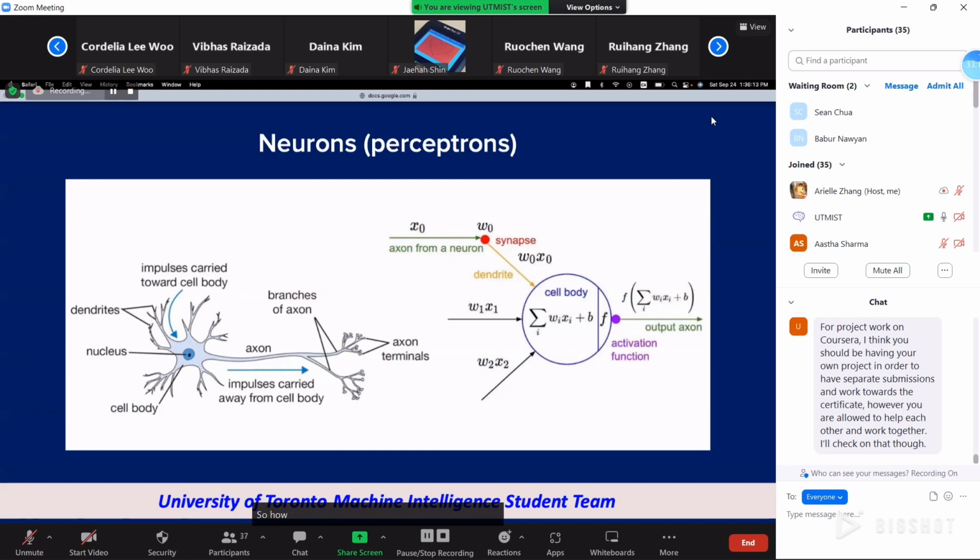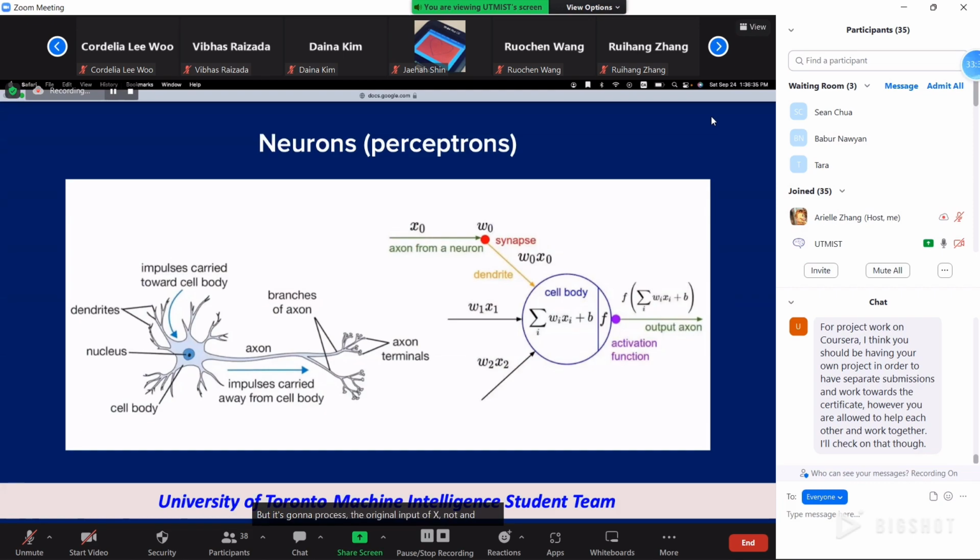So how your neuron works is basically taking an input and processing it across the synapse and dendrite. I didn't take bio courses, so if I really ruin this, please forgive me. But it's gonna process the original input of X naught.